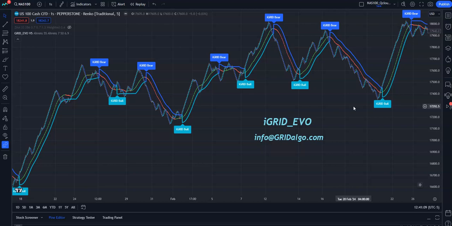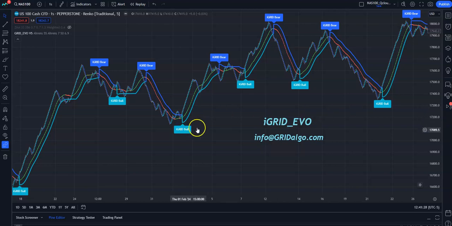We have more items on deck to be added to the program that I'm going to be announcing to those in the iGrid program today. We're going to be adding a lot of stuff on NT8. We have the fully automated version on NT8. We have it on cTrader and other platforms.